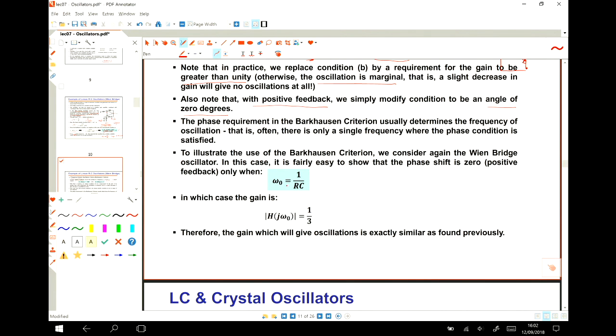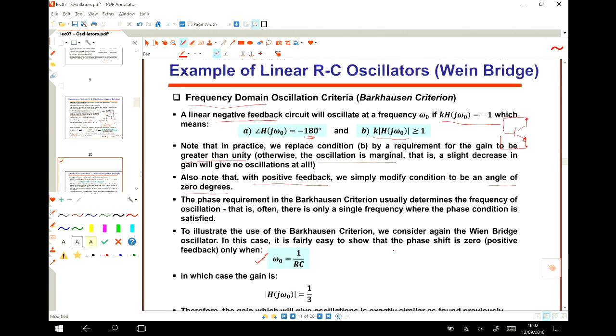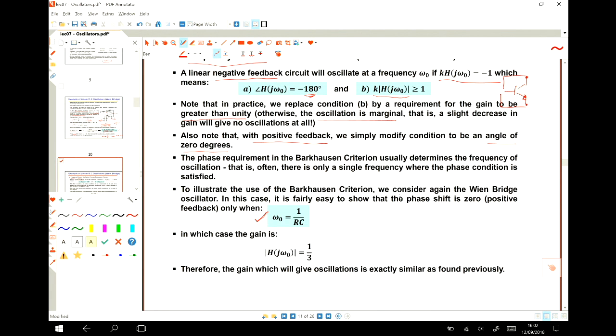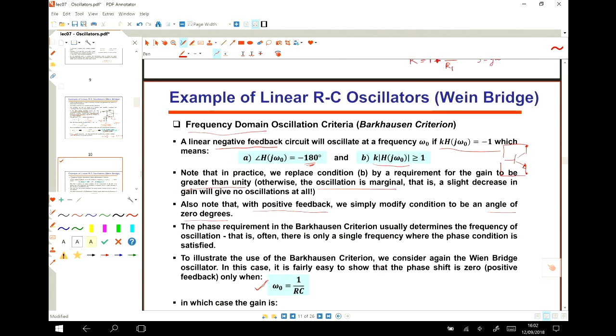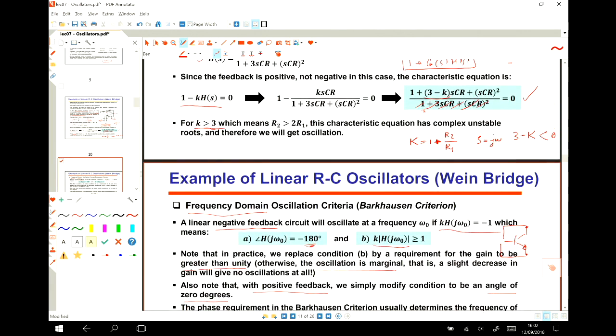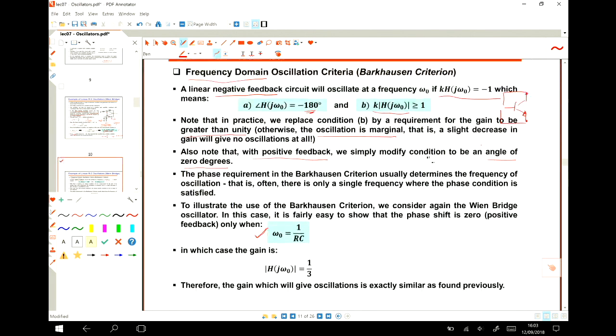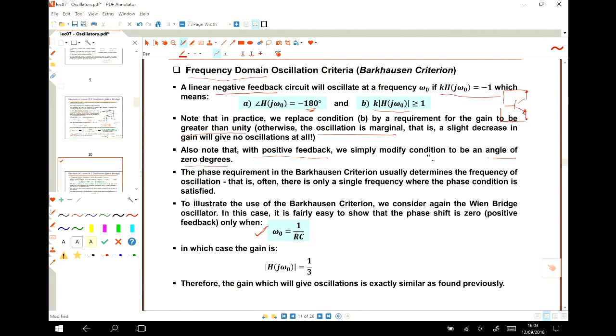That's why I leave it to you. So this circuit is oscillating at this frequency, 1/RC. And then by putting S as 1 over RC, based on this formula we can find that the gain should be 1 over 3.